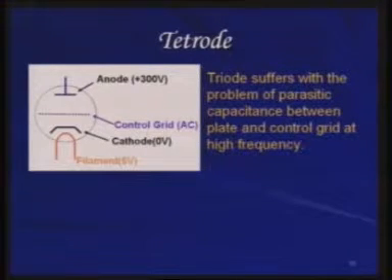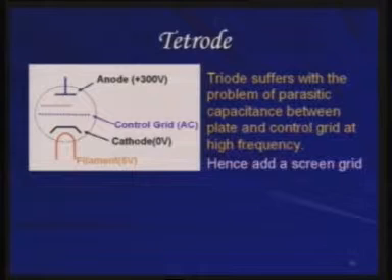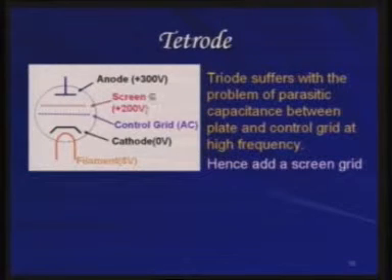To do that, there is another important way, and this is what is called a screen grid. Now we have additionally introduced another grid here. This grid is kept at a potential which is positive but lower than the anode. So you are not stopping these electrons from going there, but now you have isolated this 0 volts and 300 volts by this additional positive potential here.